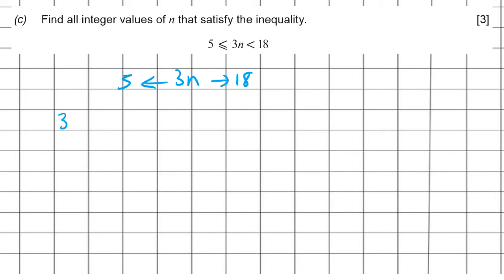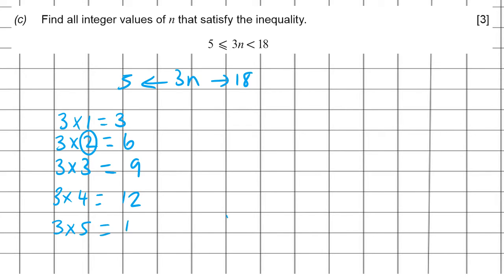Let's just go through the numbers. 3 times 1 is 3, no, it can't be 1 because this has to be greater than or equal to 5. 3 times 2 is 6, so it can be 2 because it's greater than 5. 3 times 3 is 9, greater than 5. 3 times 4 is 12, greater than 5. 3 times 5 is 15.